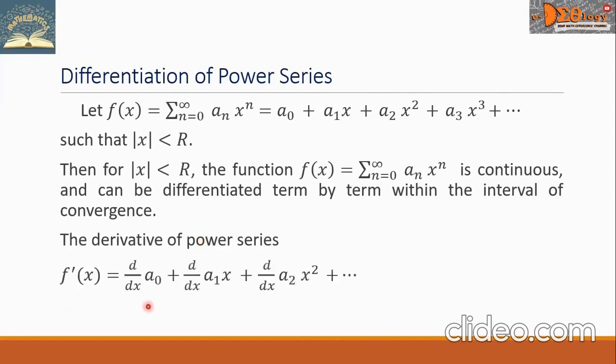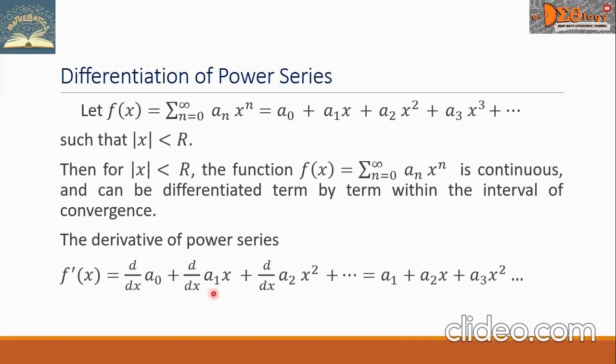We can show that we're going to take the derivative of each of these terms. So we have d over dx of a sub 0 plus d over dx of a sub 1 times x plus d over dx of a sub 2 times x squared plus and so on. Derivative of a sub 0 is 0; a sub 0 here is a constant.